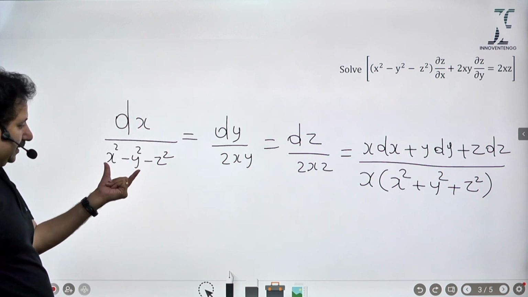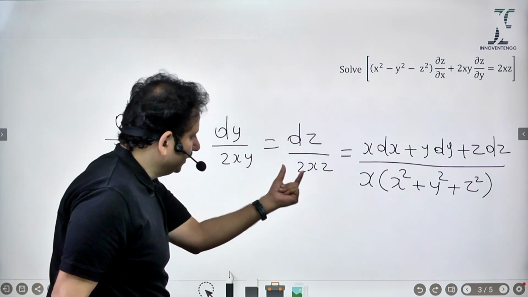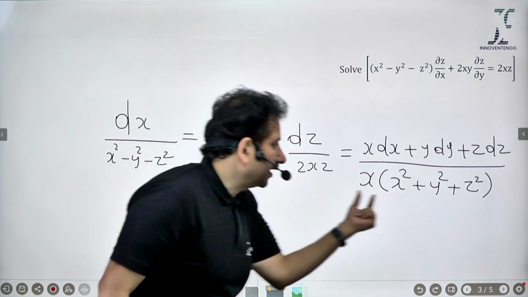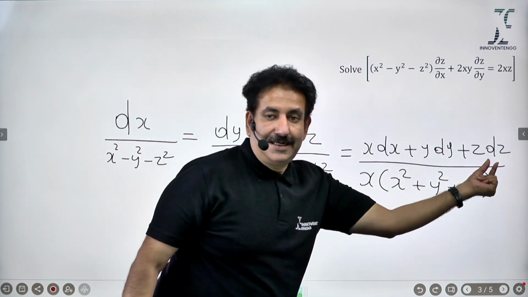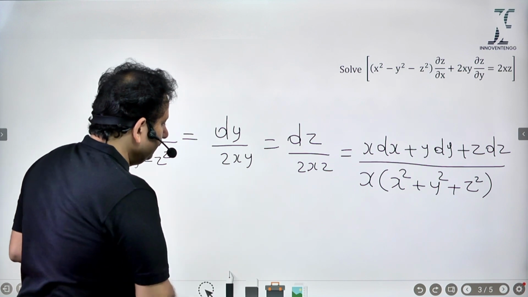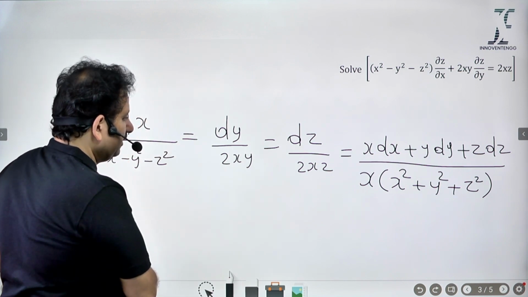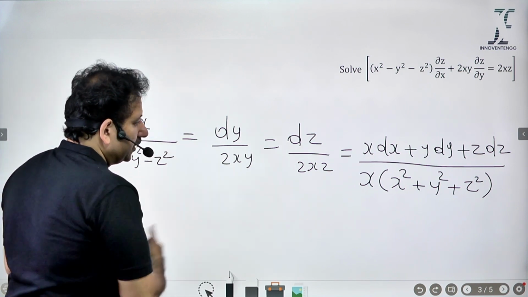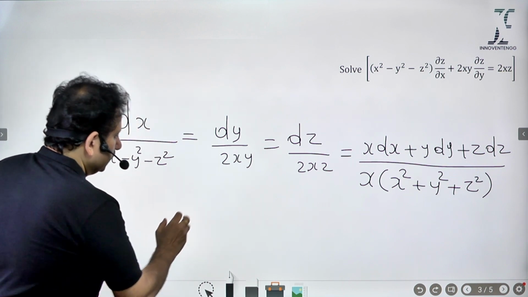I multiplied this by x, this by y, this by z, added up, I got this, and in the numerator I got this. And you can clearly see, if I equate that with this or this, I can use any one of them. Let me choose the second one.